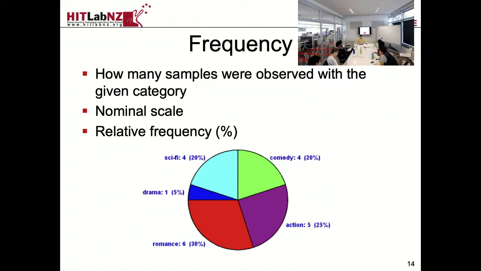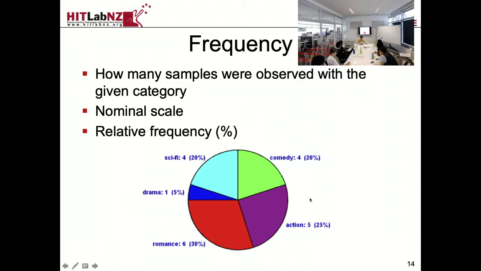So another one is frequency. So how many times certain data show up in my data set, which is a very interesting one, right? We haven't seen this type of chart, which is a pie chart. Using the pie chart, we can represent how many times each item showed up in this population.